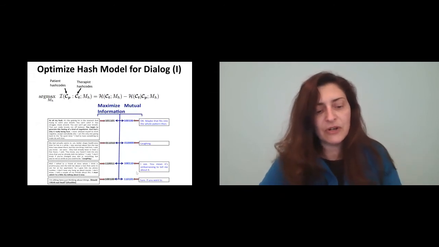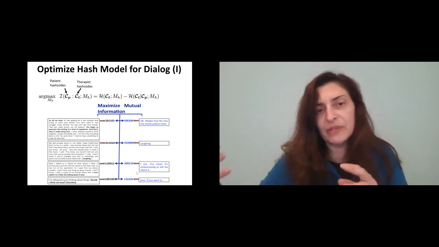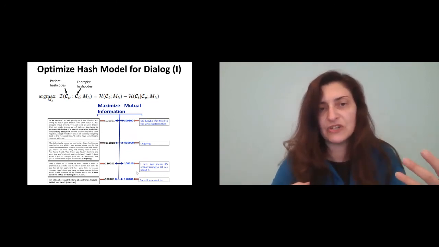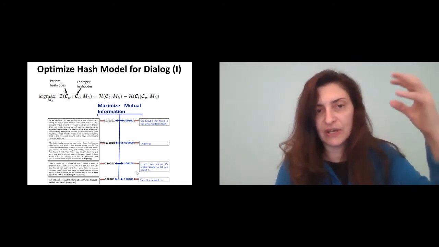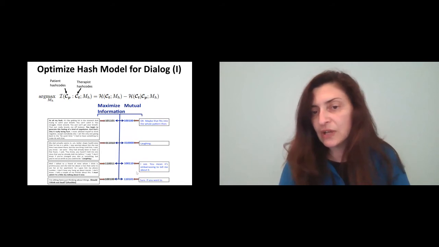So eventually, the overall picture is indeed you take the mutual information between the hash code of a therapist and the hash code of the patient, and use it as the optimization criterion when learning those representations.